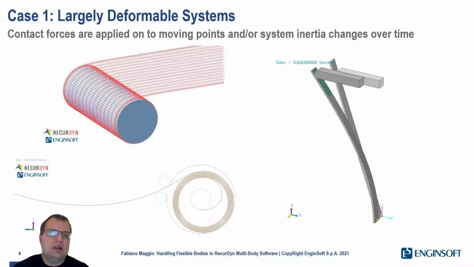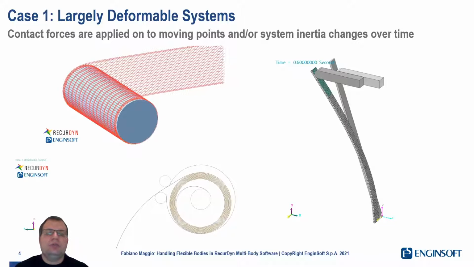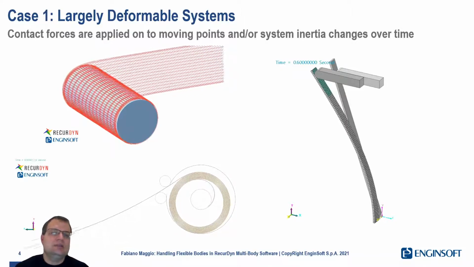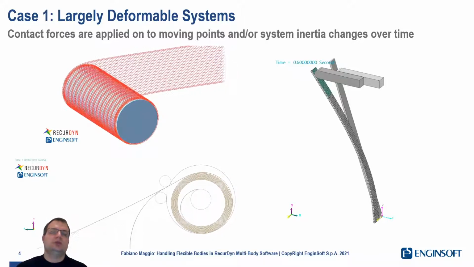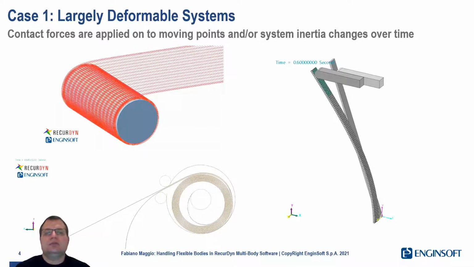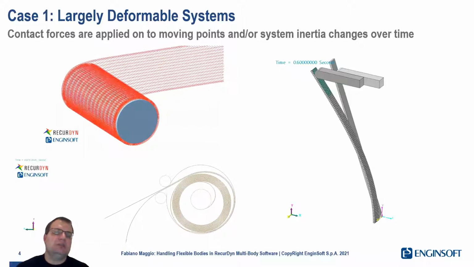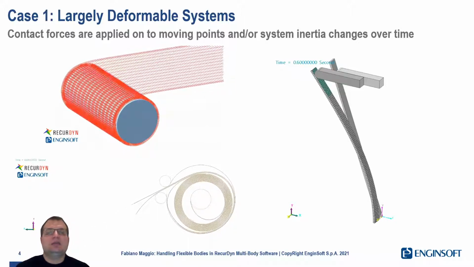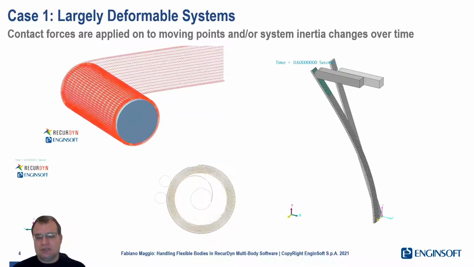Since we are having large deformations, the linear theory that is used to calculate the stiffness placed at the constraint on bottom is no longer valid, or at least it is approximated. The real deformation, the real position of the beam after the application of the load, is on the left, obtained only using flexible bodies.